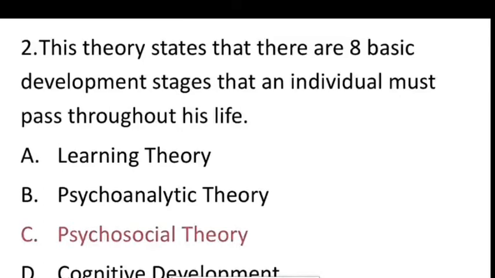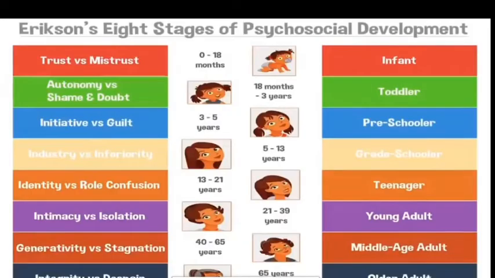Okay, now psychosocial theory was actually formulated by Erik Erikson, one of the most notable theorists that we have in professional education. Okay, so these are the 8 stages of psychosocial development according to Erik Erikson. From 0 to 18 months, infant time, the infant is just learning to develop trust.